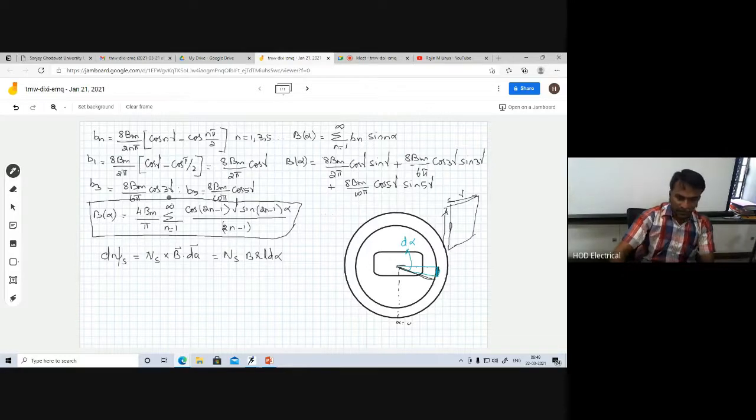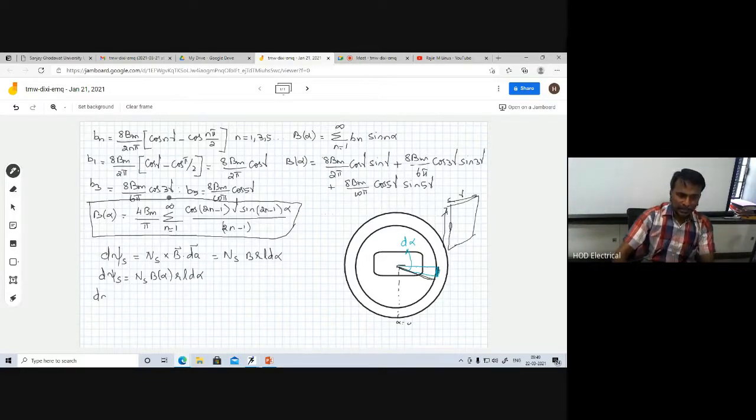Therefore, d psi s is equal to Ns into B of alpha into R into L into d alpha.